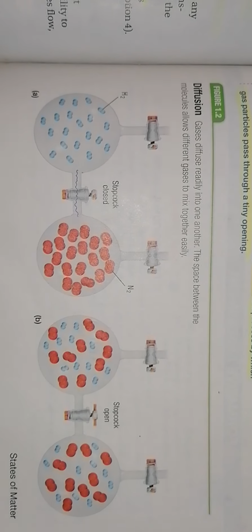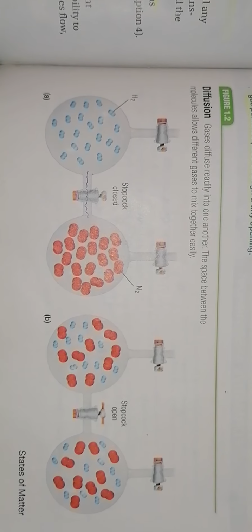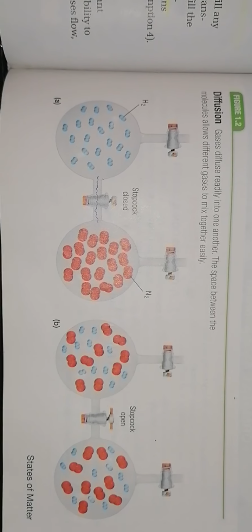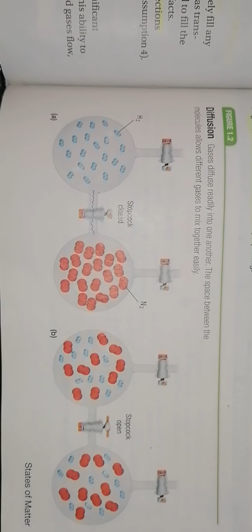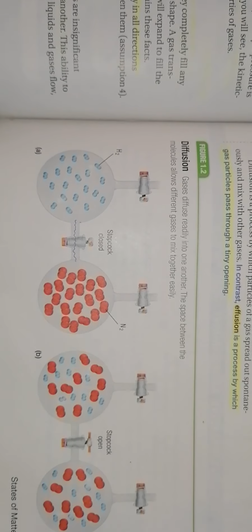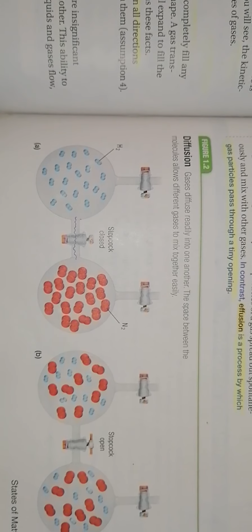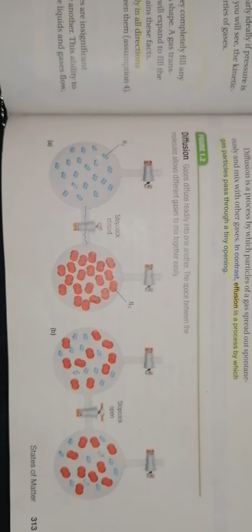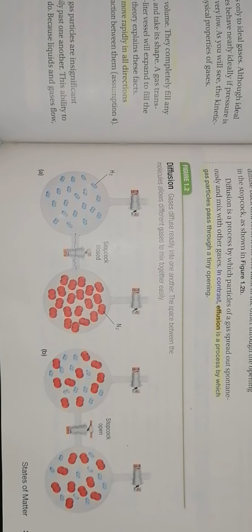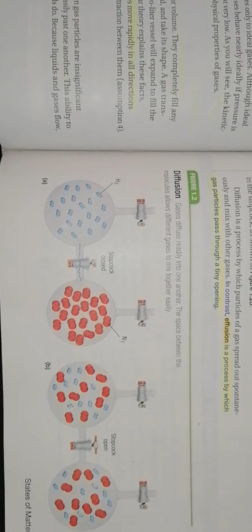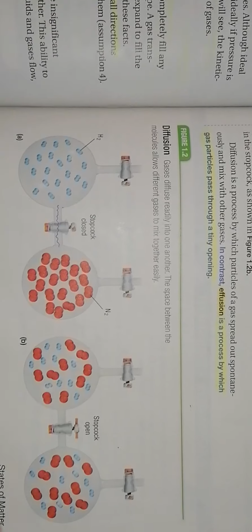So remember when we said that when a gas is able to pass through a small opening, that is called effusion. But when these two gases mix together, that is called diffusion. So diffusion is the ability of two gases mixing together, caused by their random motion.